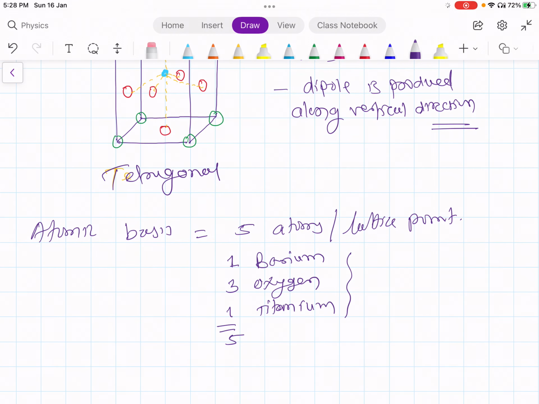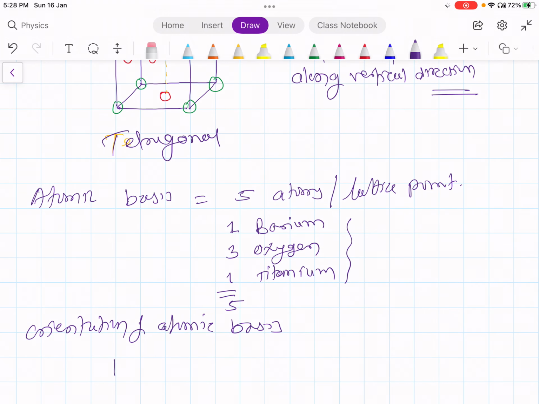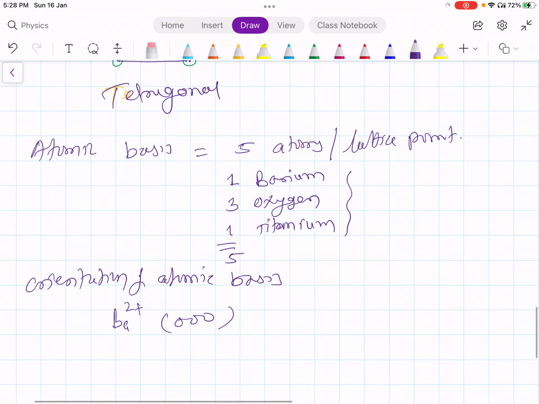Then orientation of this atomic basis is: this barium ion is at 0, 0, 0. Then titanium ion is at a/2, a/2, a/2.